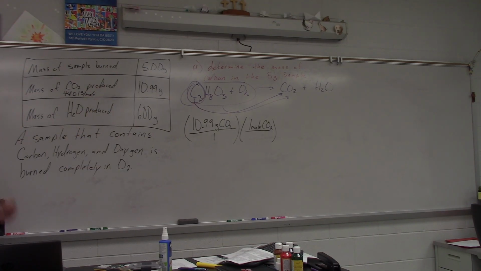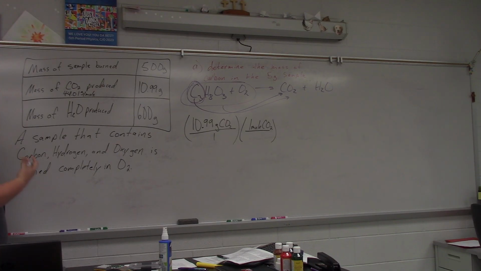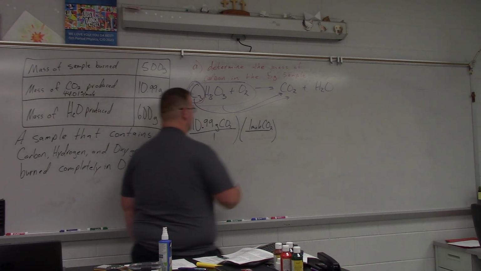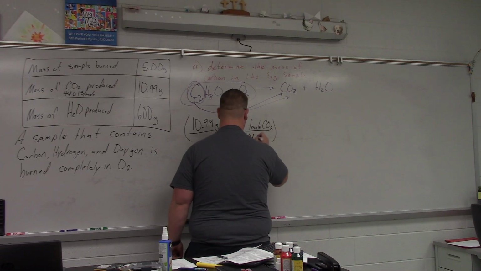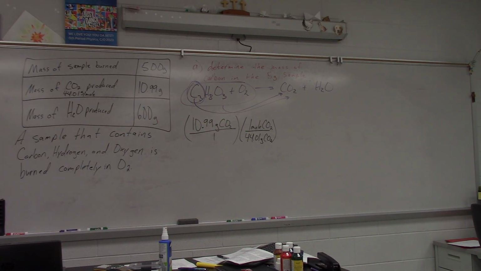I'm just going to give you that. I absolutely believe in your ability to solve and get that, but there's no point in wasting the time. You should be able to do that at this point. Now, we're going to use that piece of information, so the 44.01 grams carbon dioxide goes there in the bottom. But then here's the way of looking at this.